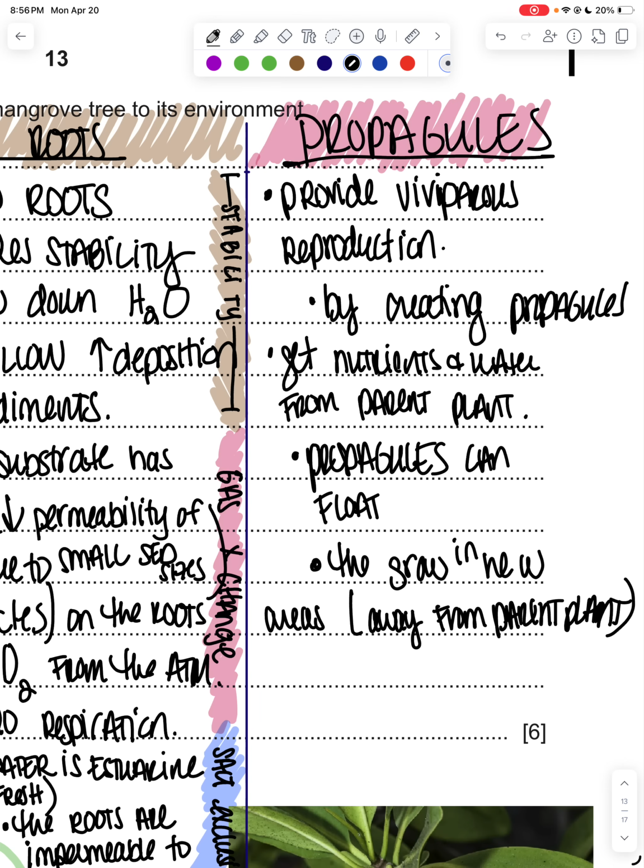Intra-specific competition. I'm going to include that. It'd be intra-specific because it's the same species.